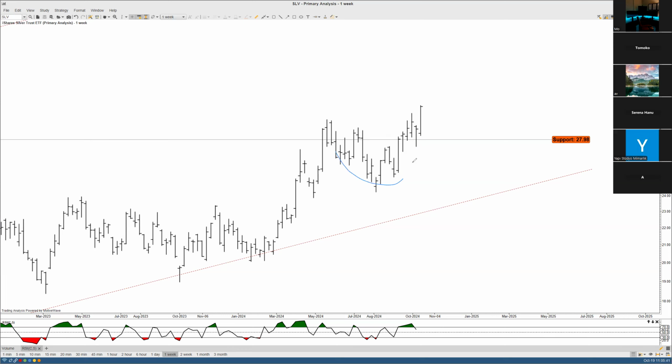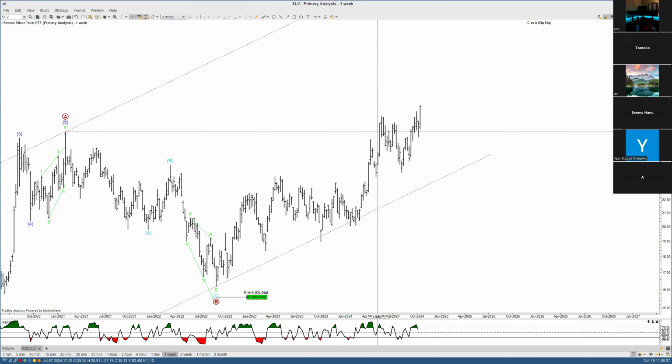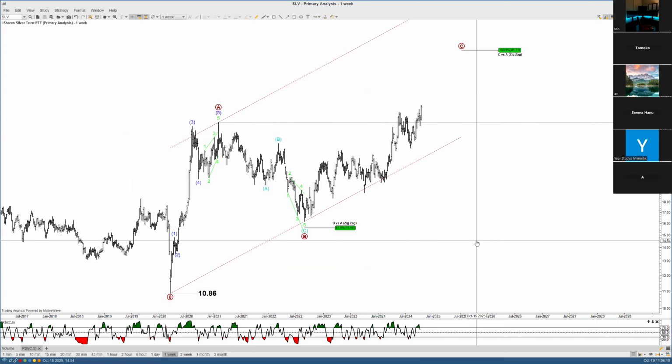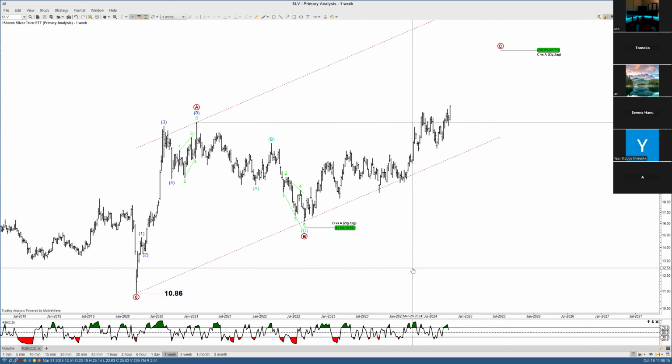It doesn't make the actual cup that most technicians are looking for, where everybody hopes the cup forms and then plays the cup and handle pattern. Silver doesn't do that because it's not as liquid as gold is. GLD is the largest ETF in the world. Sorry, SPY is, but in the gold market, GLD is the big one.